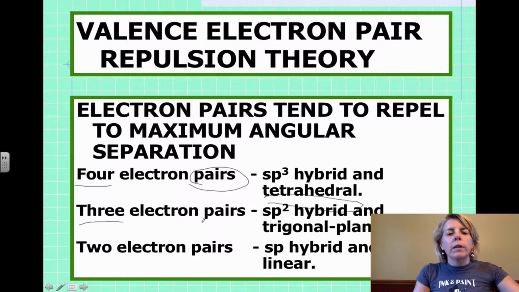We could have covalent bonds that are sharing 3 sets of electron pairs, and they tend to form a sp2 hybrid, and their shape is trigonal planar. And then lastly, we could have 2 electron pairs, and they form an sp shape, which is linear. And we will get into more detail about what those shapes look like.